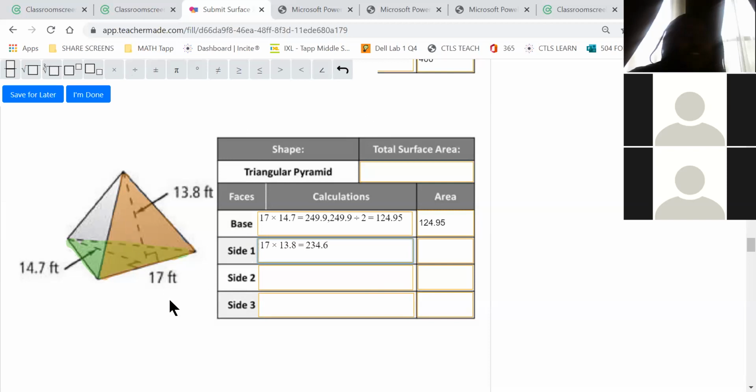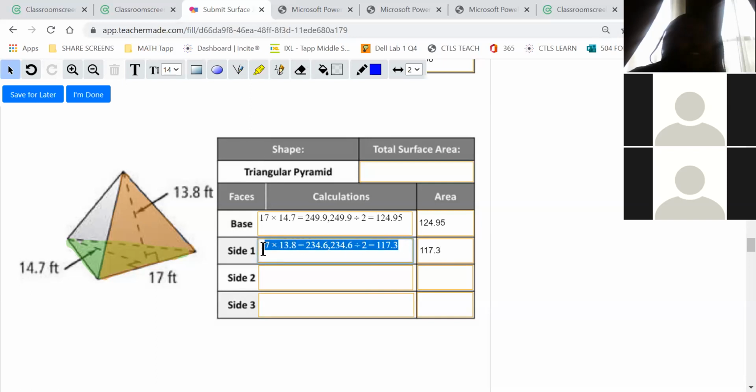But it's a triangle, so I'm not done. Now I'm going to put a comma on 234.6 divided by 2. That's equal to 117.3. So my area of this triangle is 117.3.